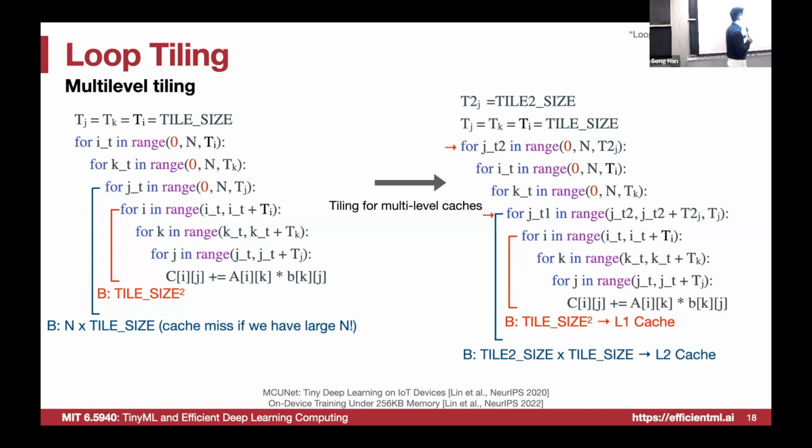After another tiling for J, the second level, that is reduced from B times tile size to tile size 2 times the tile size 1.